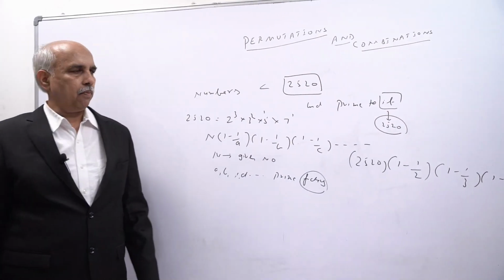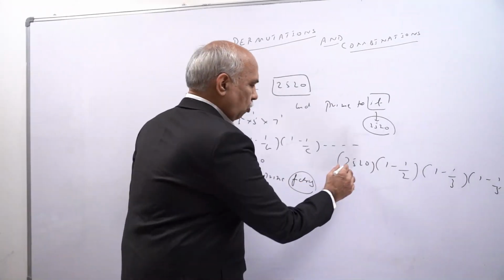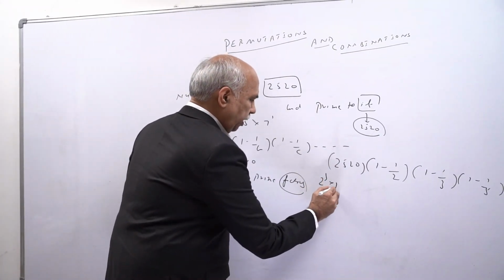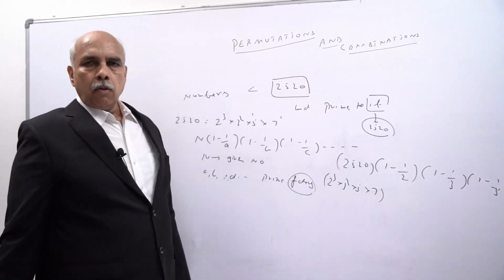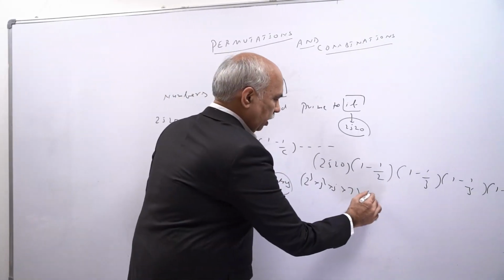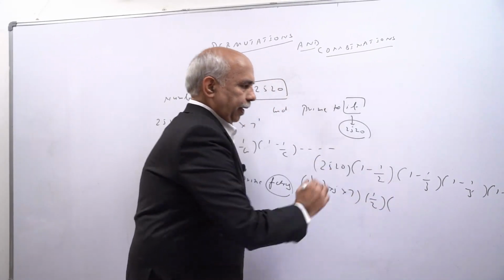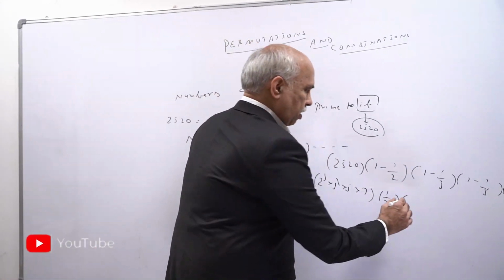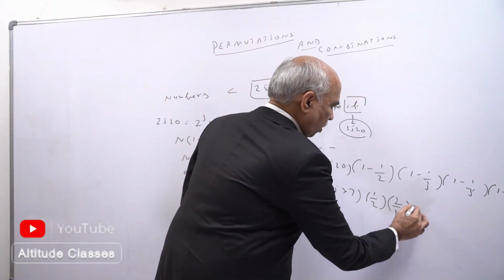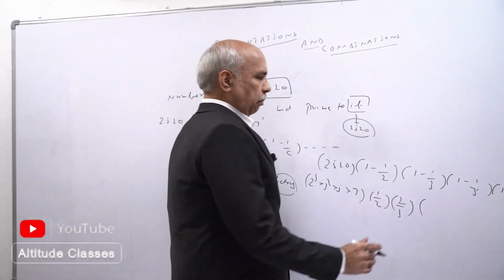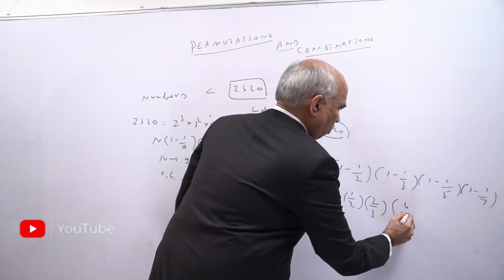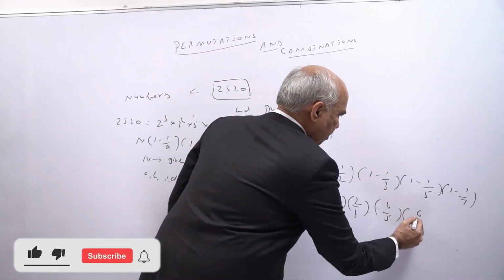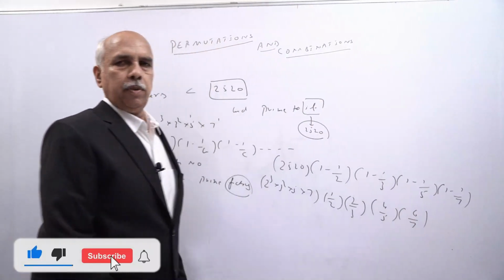Now, if I simplify this, 2520 is 2 cube into 3 square into 5 into 7. 1 minus 1 by 2 is 1 by 2. 1 minus 1 by 3 is 2 by 3. 1 minus 1 by 5 is 4 by 5. 1 minus 1 by 7 is 6 by 7.